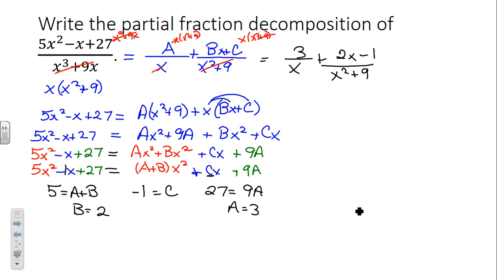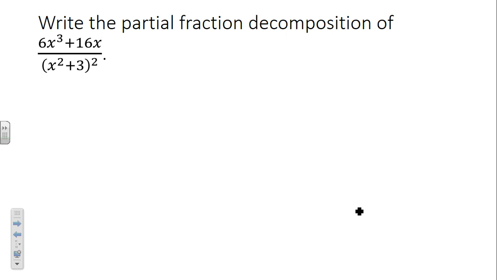All right, so here comes the next one. Everybody ready? Okay, here we go. So now we're writing the partial fraction decomposition of 6x cubed plus 16x over the quantity x squared plus 3 squared.